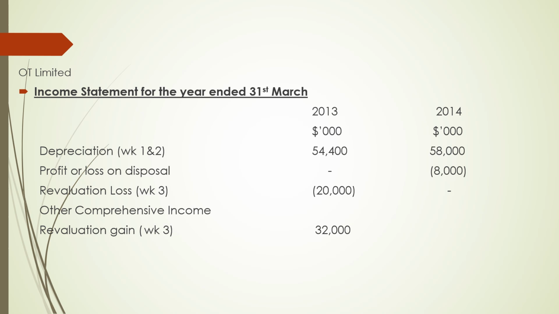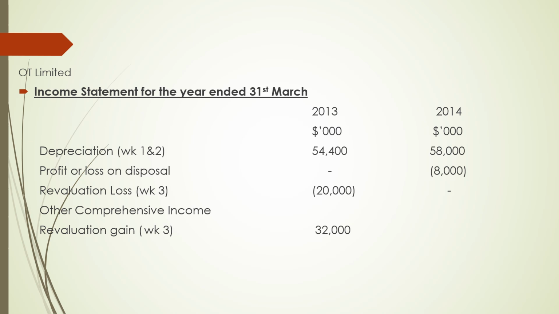And then our profit or loss on disposal. So we saw that we had disposed of item B in 2014. So we sold it at 70,000 instead of 78,000, and then this gave us a loss of 8,000. So that's how we got the loss.